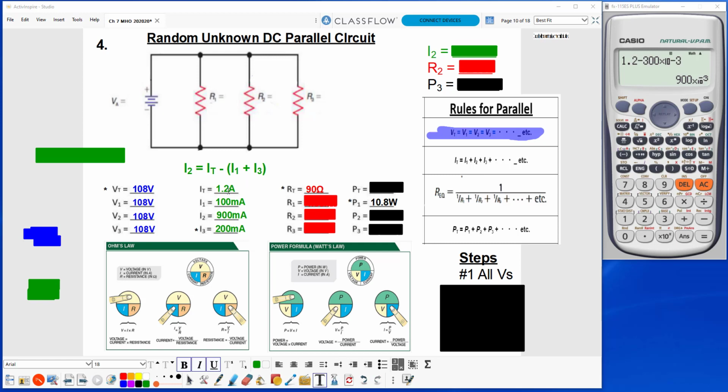Okay, now that I have all of my currents, I can use Ohm's law to find my resistances. So R1 is going to be equal to V1 divided by I1. If I look at my formula sheet, if I cover up the R, it's equal to V divided by the I. I do have the V. It's 108 volts divided by 100 milliamps.